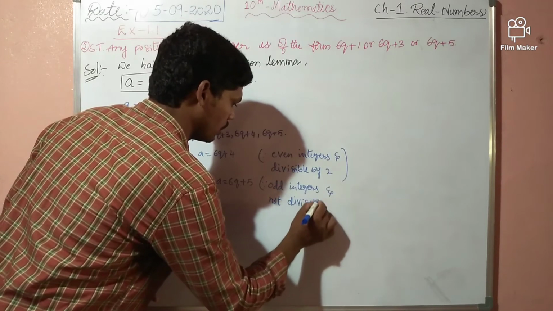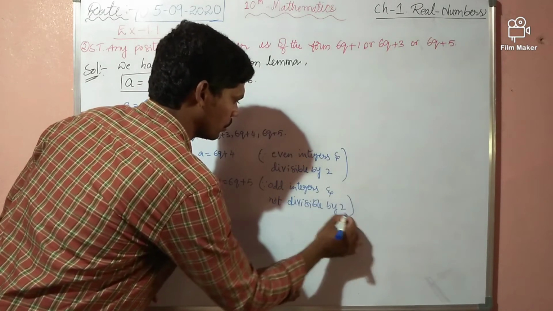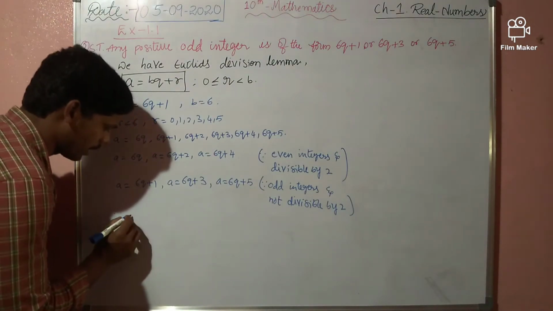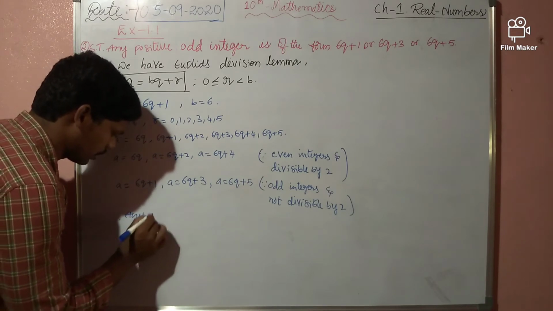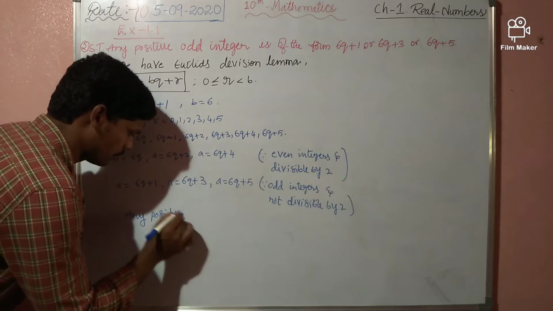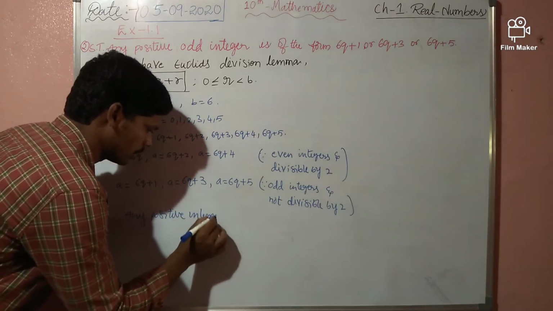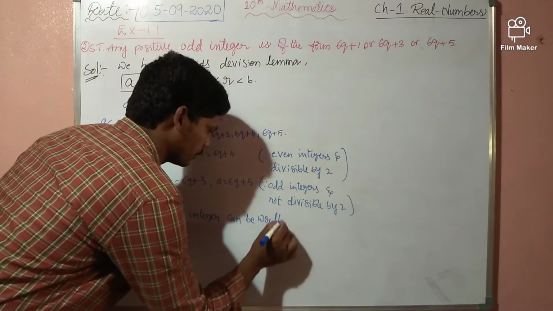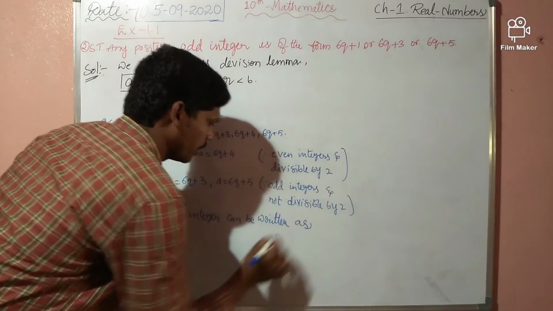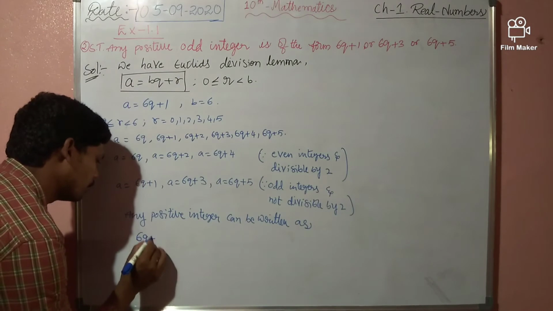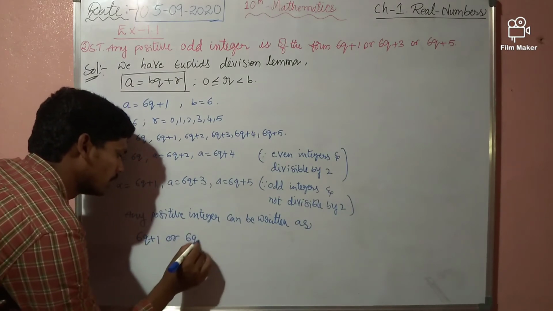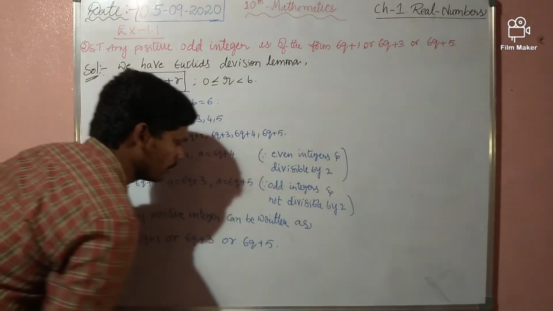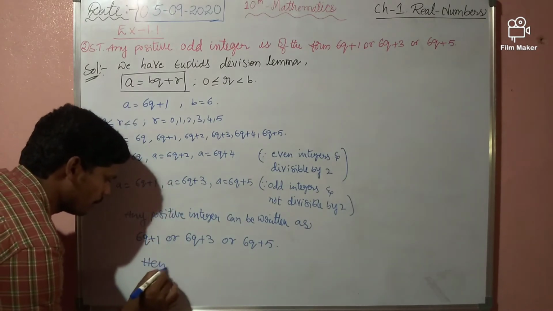So therefore, any positive odd integer can be written as 6q plus 1, or 6q plus 3, or 6q plus 5. Therefore, hence showed.